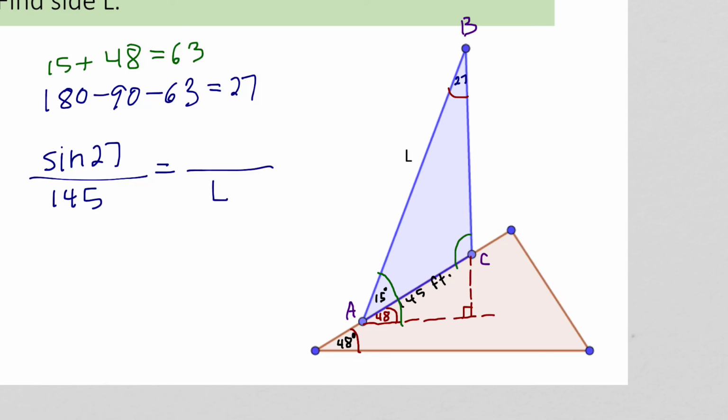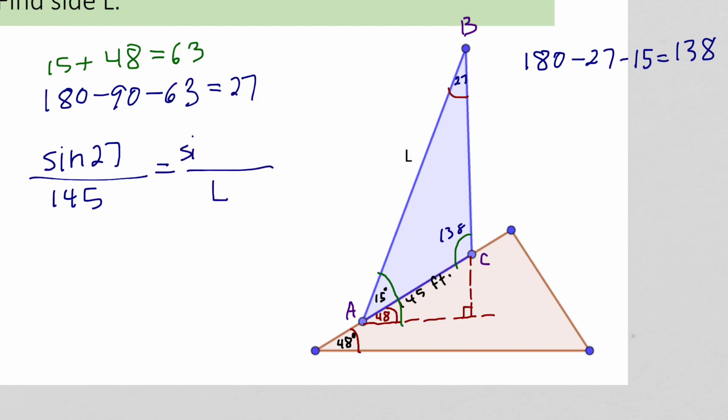If I look at only the purple triangle, 15 plus 27 plus that angle has to add up to 180. So let's do that over here: 180 minus 27 minus 15. That angle is, in my calculator, 138 degrees.